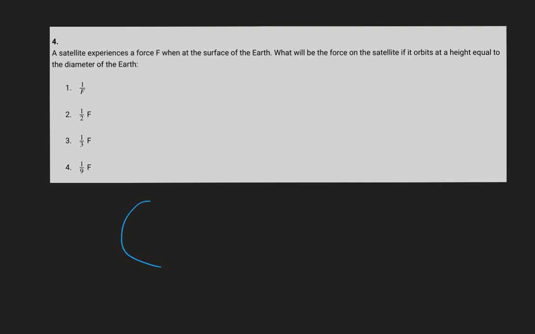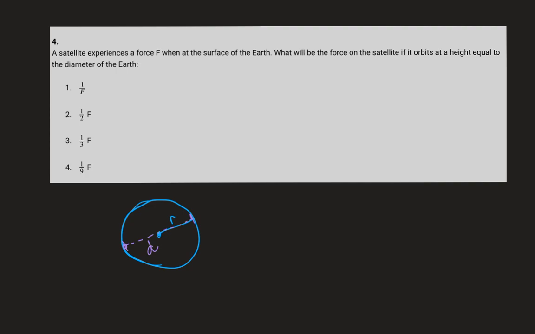I've got the planet Earth here. And from the center to above here, I've got a radius. I've also got from this end all the way to this end as my diameter.